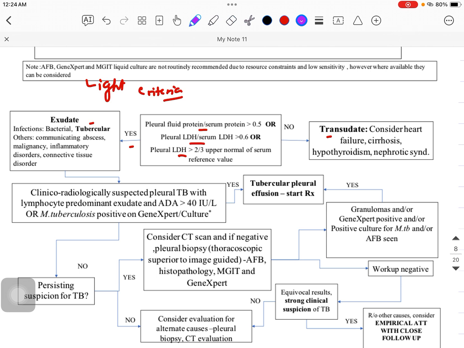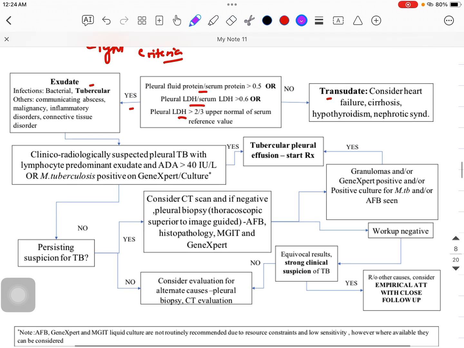Next thing over here is, if it is exudative, then you should be thinking that it could be pleural tuberculosis as well, because pleural tuberculosis is one of the major causes of exudative pleural effusion. So here, tubercular pleural effusion: if you are finding that it is exudative, the next step is that you will be doing the radiological scans, suspected pleural TB with lymphocyte predominant exudate.